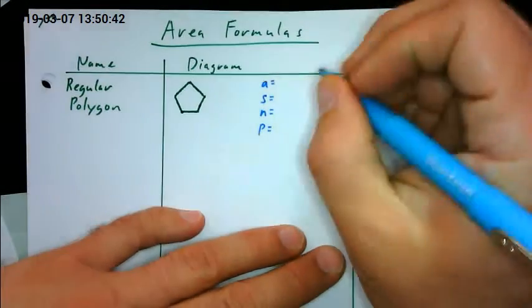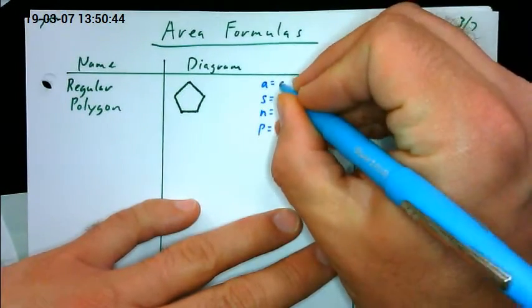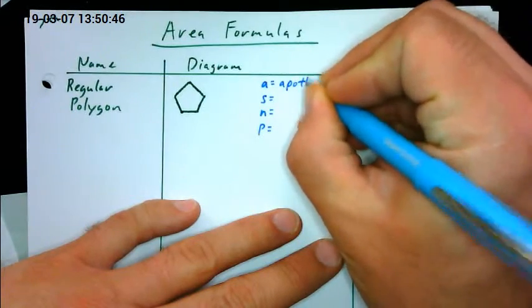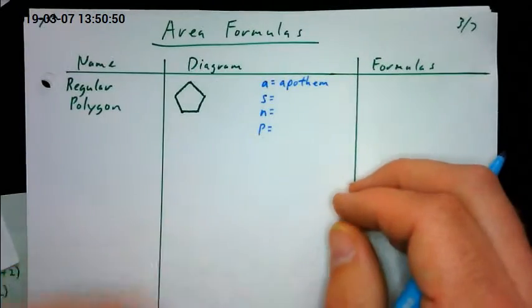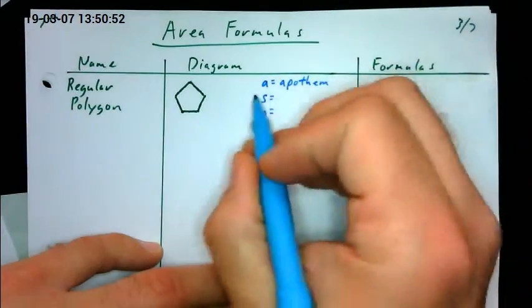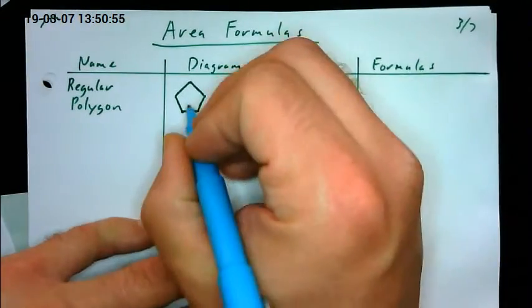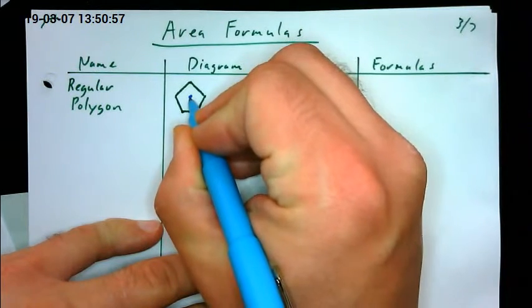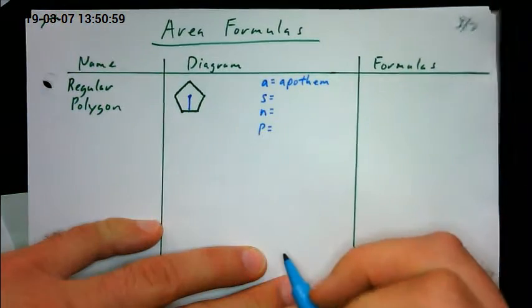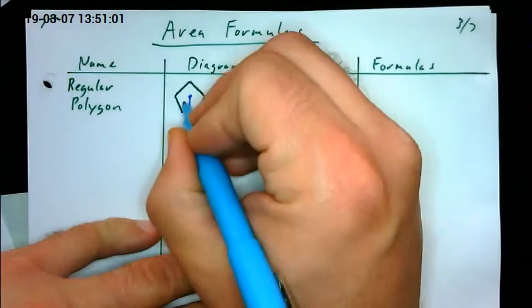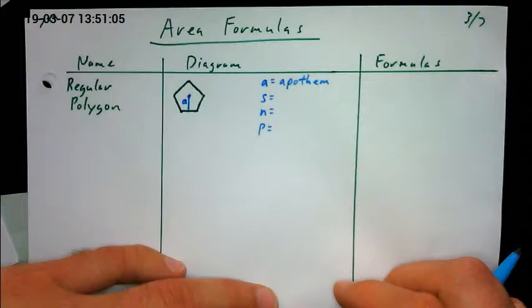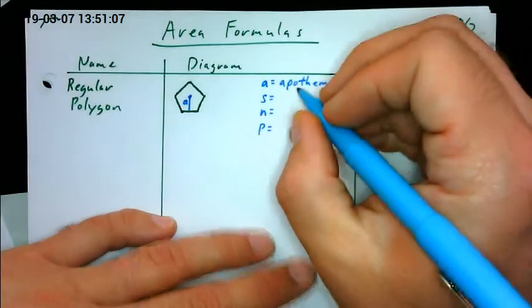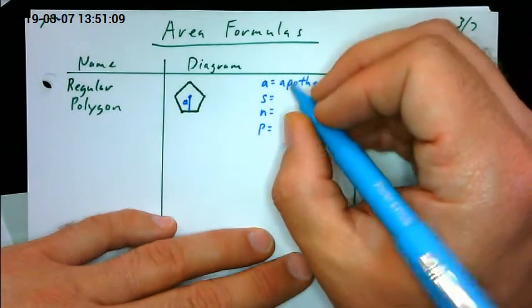So A is going to stand for our apothem, which if you're trying to spell it, I'd say apothem, but correct pronunciation is apothem. So our apothem is the distance from the center to the side of our polygon. That's our apothem. Kind of looks like a radius. Then we have S, which is for the length of one side.